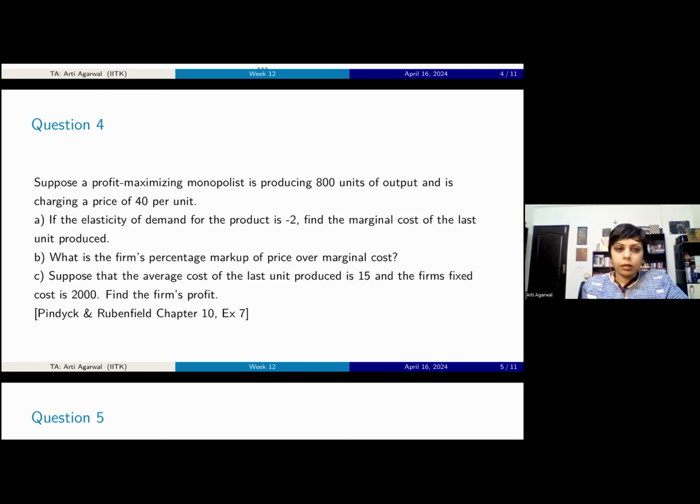You're given the elasticity of demand, which is -2, and you're asked to calculate the marginal cost. Then we will come to the other two questions. If you can calculate the first question, I think the rest of the two questions are fairly simple. So I'll just let you solve it, then we'll solve it again.